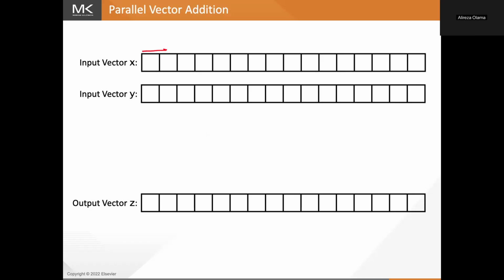So now I have a question for you. Now assume we want to execute this on a GPU which has thousands of threads. So how would you parallelize this program? How would you execute this program on the GPU device?